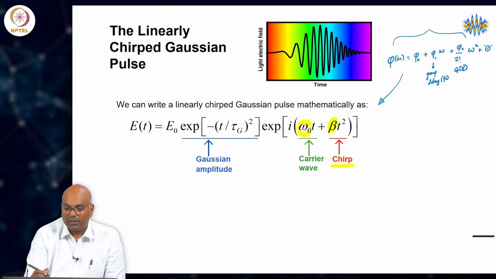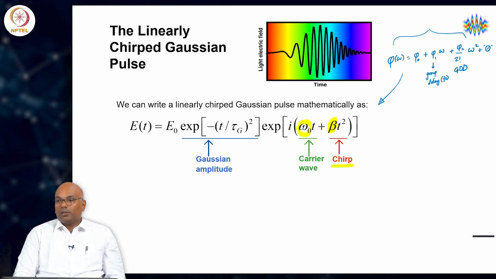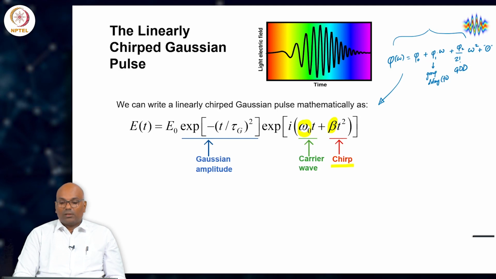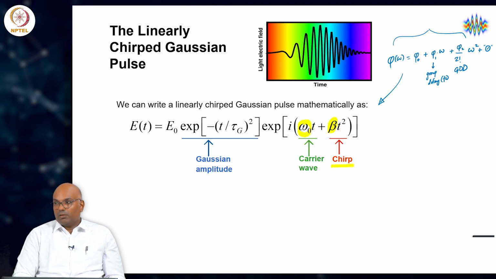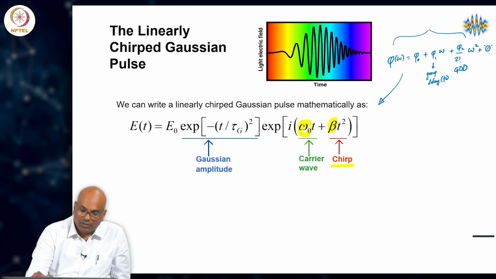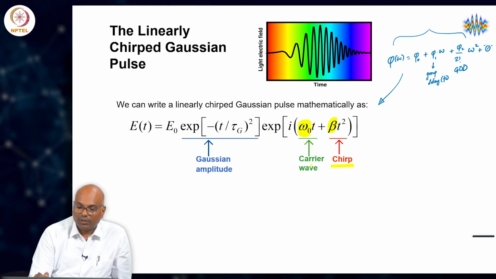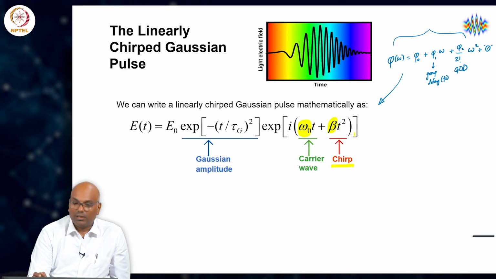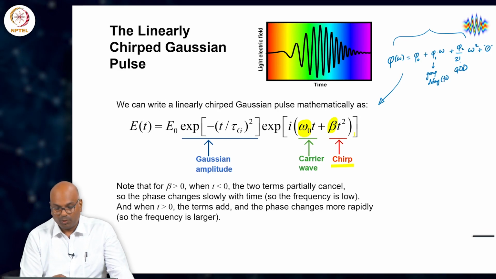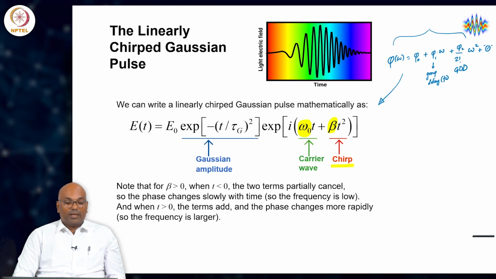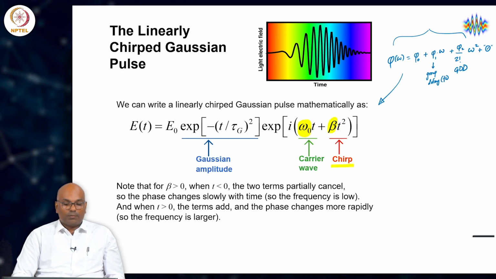So, alpha t plus beta t square in the Taylor sense essentially, the first order Taylor term is the carrier frequency, whereas the second order is the chirp. Beta can be positive or negative.